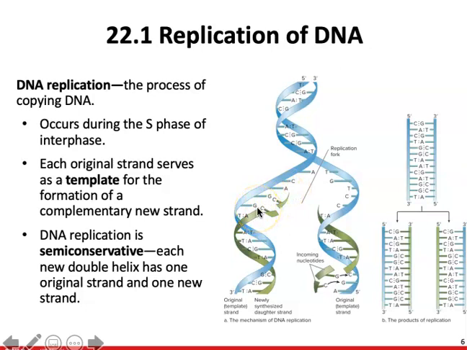Free-floating nucleotides are going to come and fill in. They're going to match up, they're going to pair up. Guanine always binds to cytosine, so if we have an exposed guanine, cytosine is going to come and fill in that place. If we have an exposed guanine, cytosine is going to come and fill in that spot. If we have an exposed adenine, who is going to come and fill in that spot?